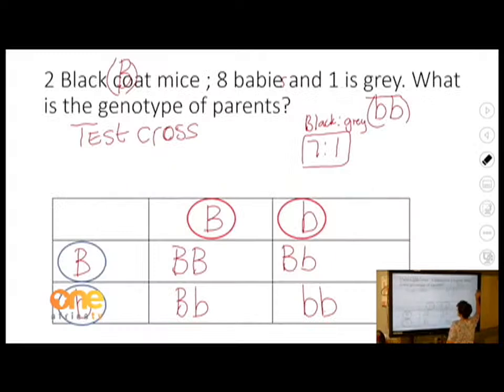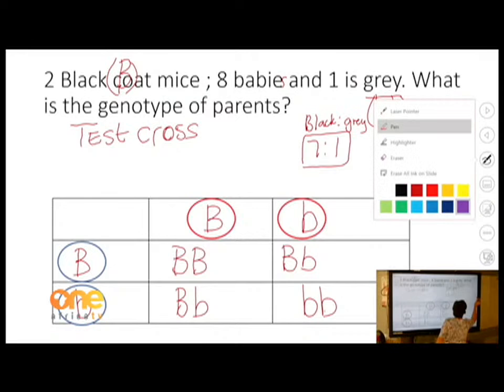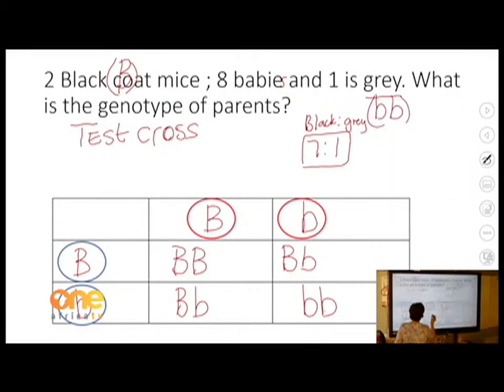I'm going back to this one. Heterozygous, heterozygous always gives me 1 dominant homozygous, 2 heterozygous, and 1 recessive homozygous.